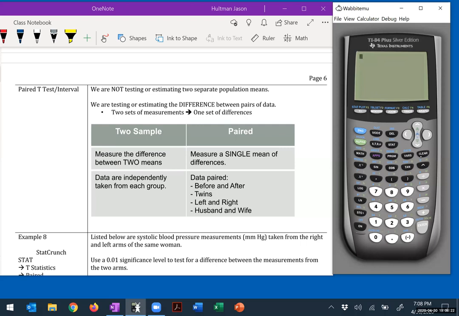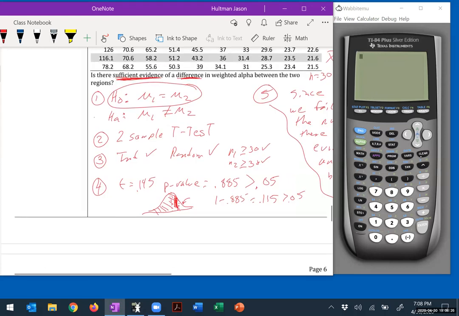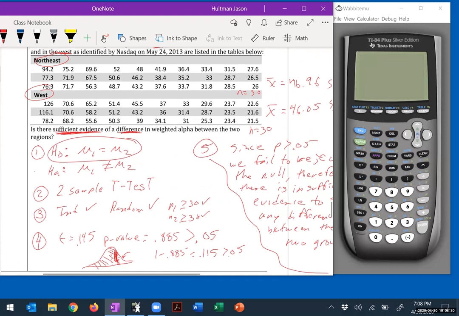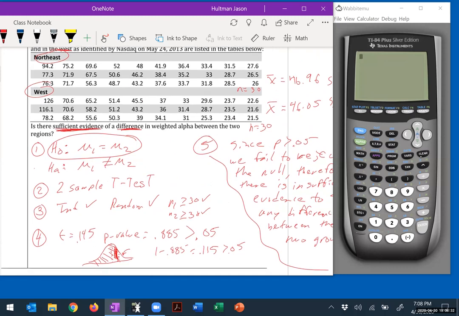I have one question on the previous one we just did, example 7. I put all the figures in StatCrunch, but what would I do? Because I tried to do what it said before, T-stats, 2 samples. Yeah, and you do it with data, not summary. I did it with data. Then I got stuck.